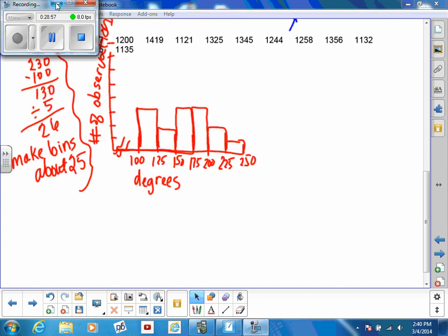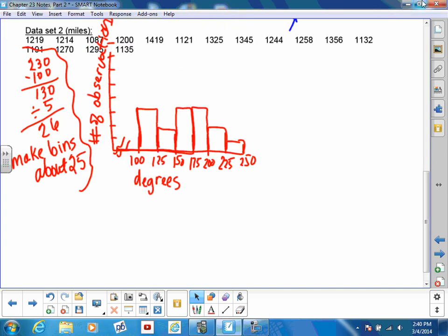Pretty much, yeah. So, let's discuss this. What happened was, because this range was 130, I divided it by 5. I got about this. So I chose to make mine 25. And it looked okay. It's not perfectly unimodal, but if it wasn't for this little chunk right here, it would look pretty good.